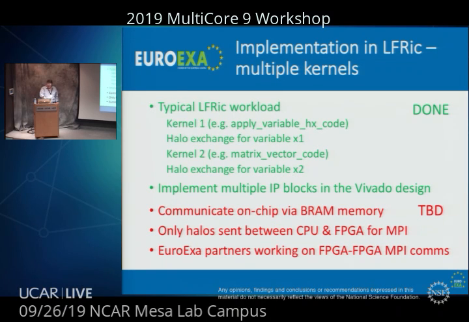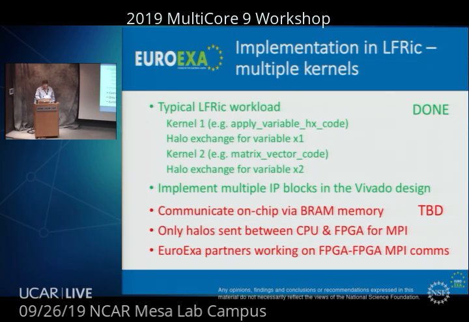So what I've done is to offload these two kernels, apply variable HX code and matrix vector code. They appear one after the other in the code, separated only by a halo exchange. So that gives us now the opportunity to see how it's going to work on the FPGA with halo exchange.